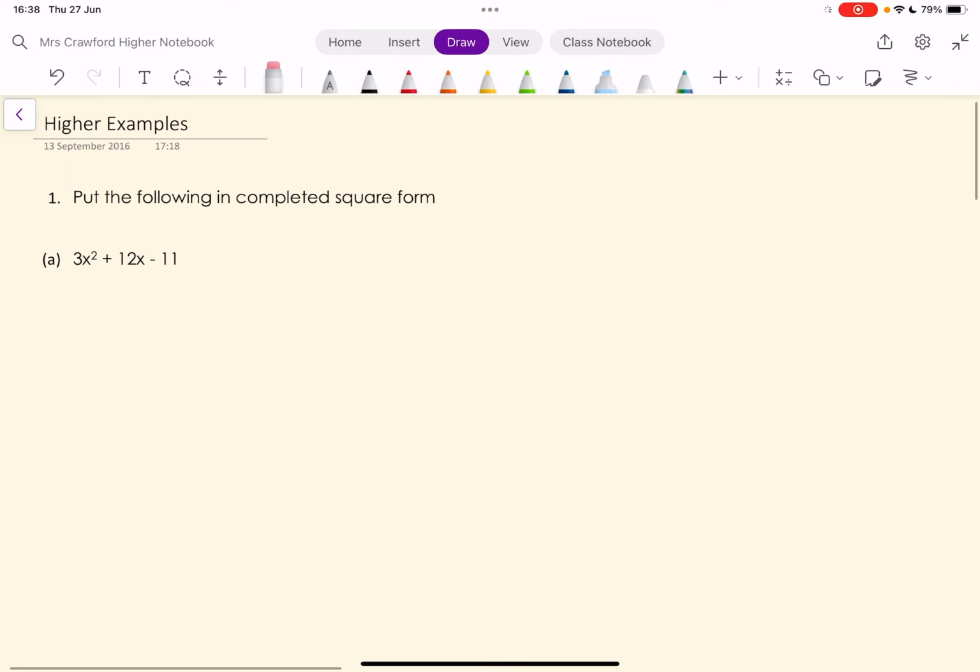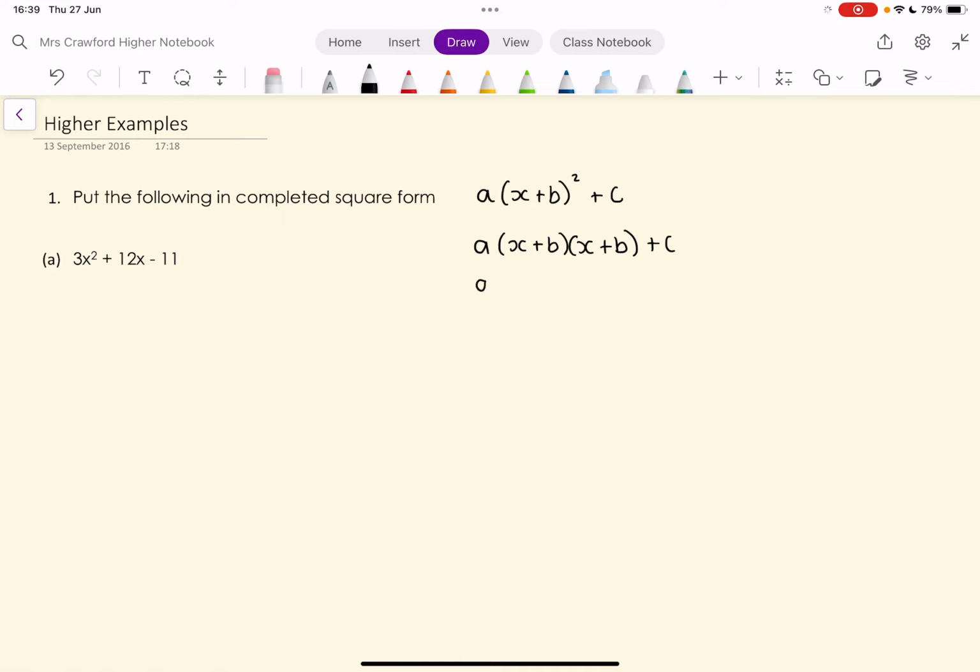So our completed square form takes the form a(x plus b) squared plus c, and you'll be given that form in an exam question. The first thing we're going to do is multiply out that expression. When I multiply out (x plus b) squared, I need to remember that it is two brackets, x plus b.